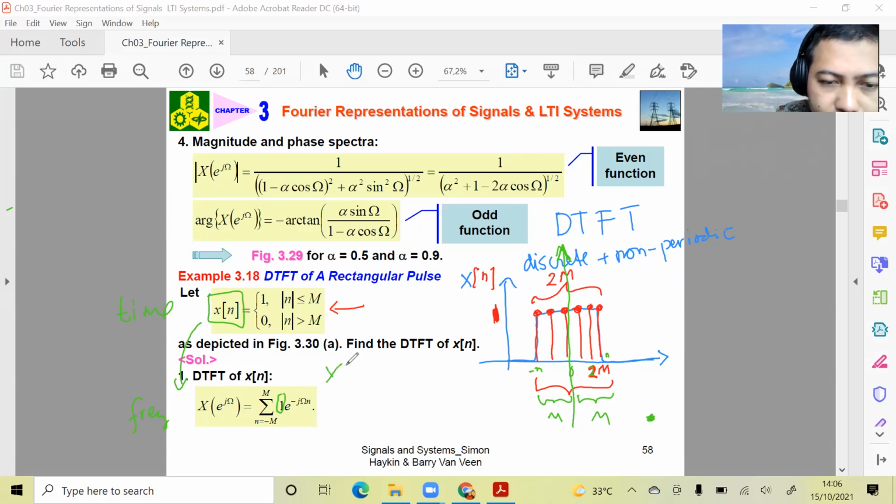Actually, X(j omega) usually becomes like this, with n from 0 to double m. My point is how to express it like this.